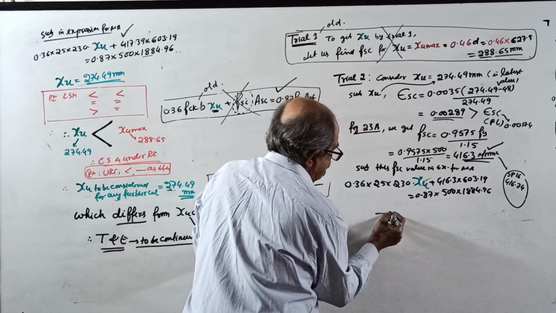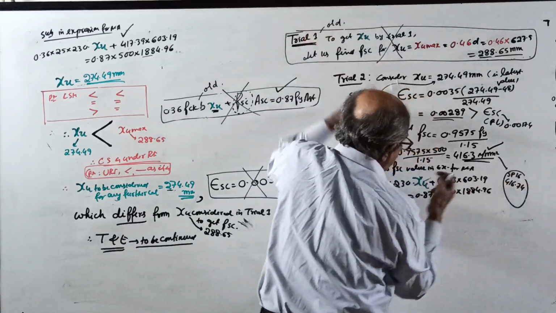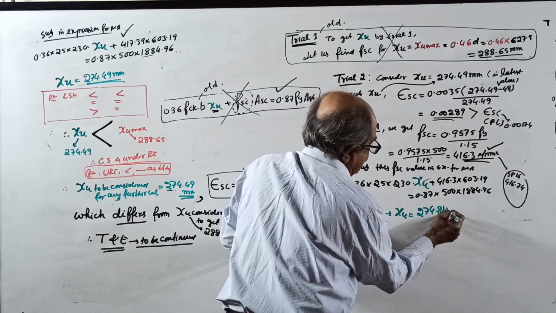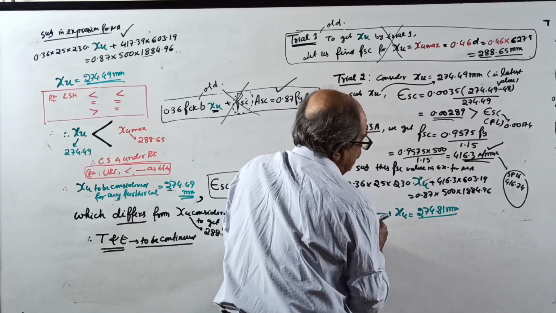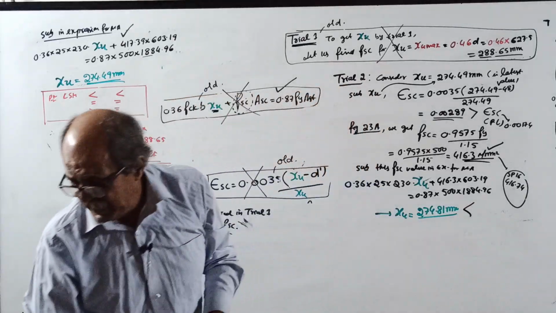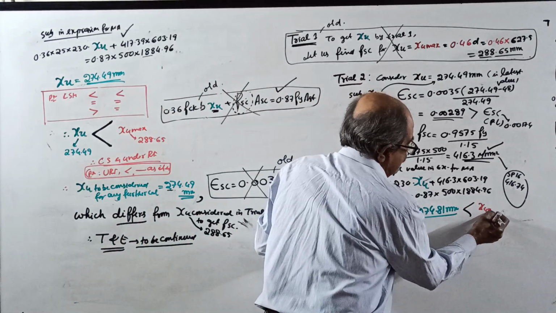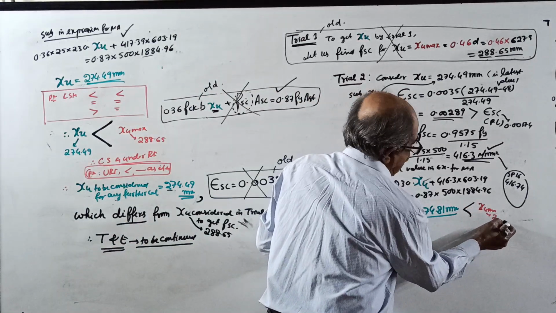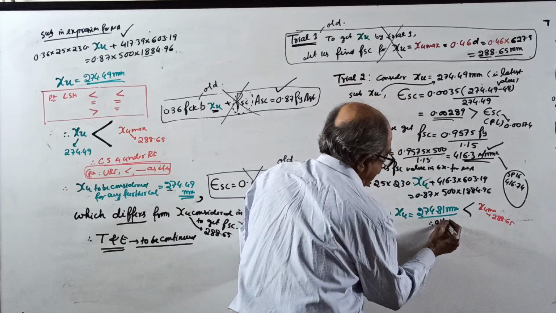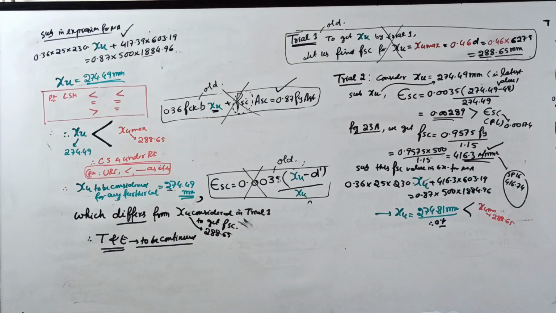You will get Xu this time equal to 274.81 millimeter, which is less than Xu max of 288.65. That you always have to compare. Therefore, consider the same value. Whenever you get less, I told, consider the same value.